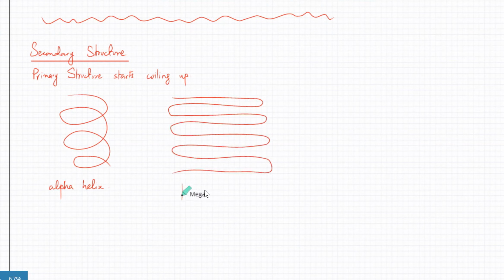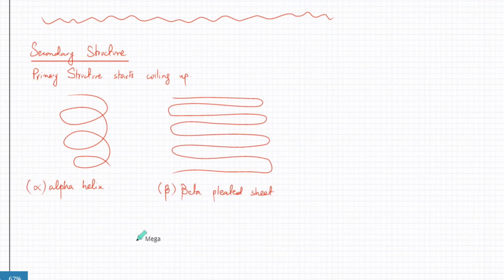And that's known as a beta pleated sheet. That's beta with the Greek letter, alpha with the Greek letter. So you've got an alpha helix, you've got a beta pleated sheet.